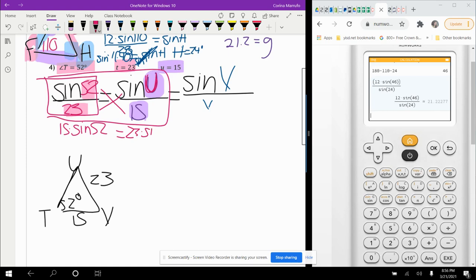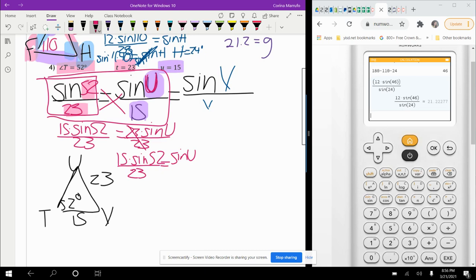So we're cross multiplying. To solve for u, we first need to get rid of this 23 by dividing. So we divide by 23, this cancels. So we get 15 times sine of 52 divided by 23 equals sine of u.